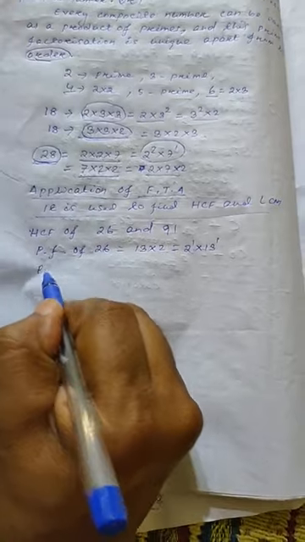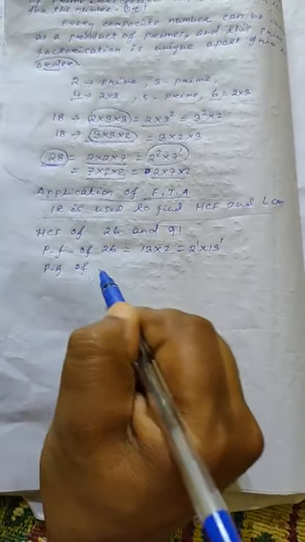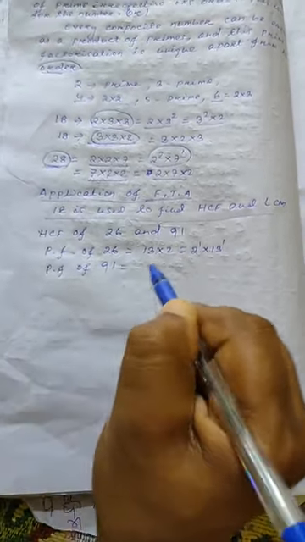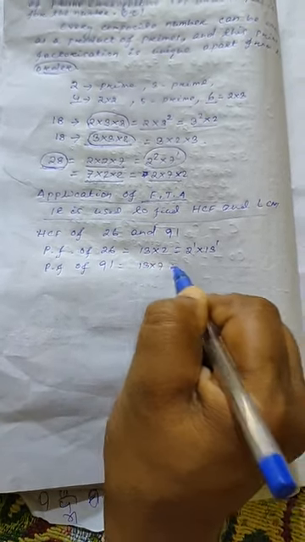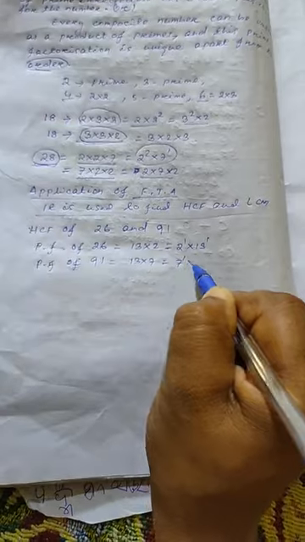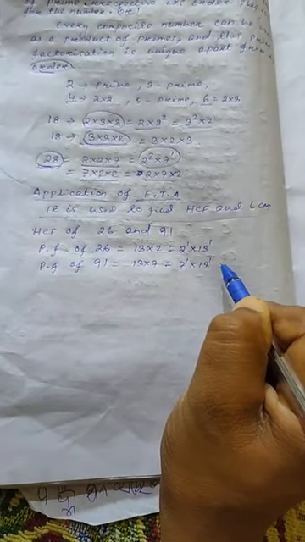Similarly, the prime factorization of 91 is 13 into 7, that is 7 to the power 1 into 13 to the power 1.